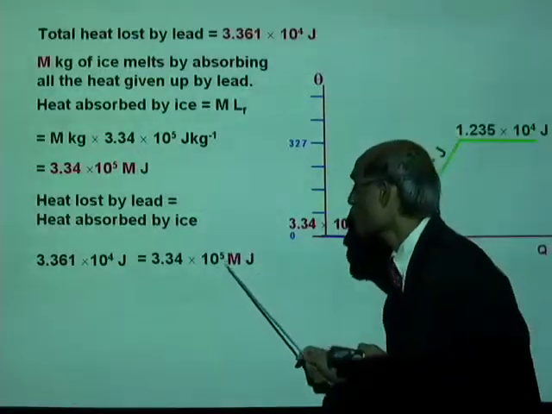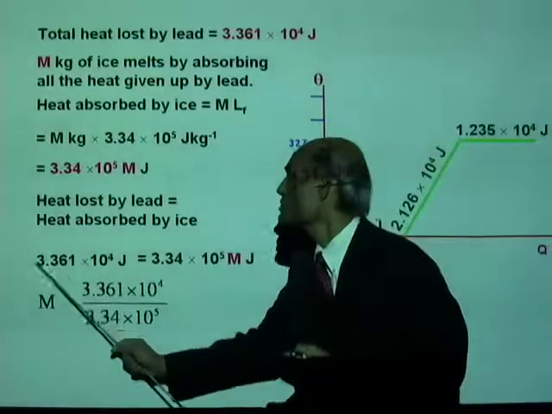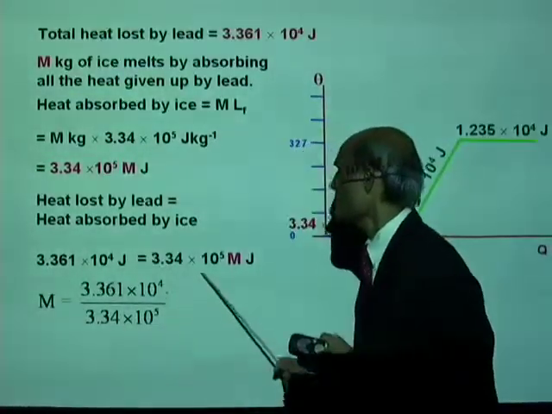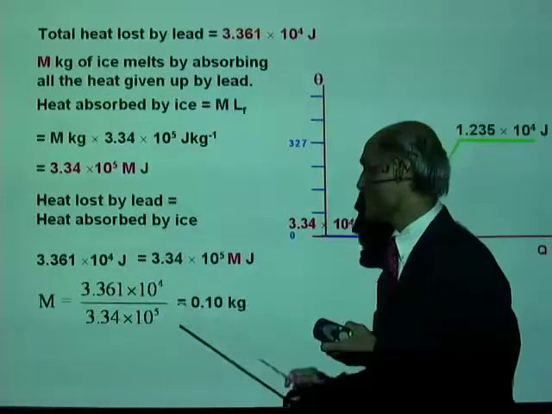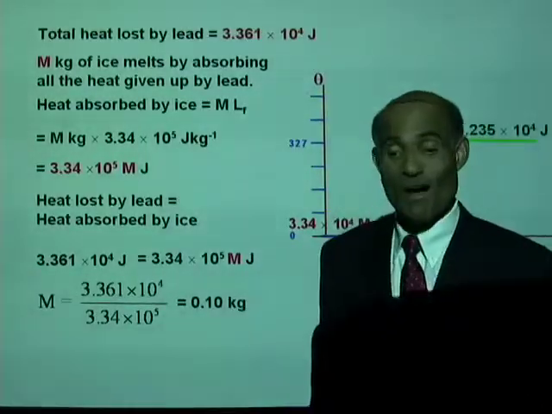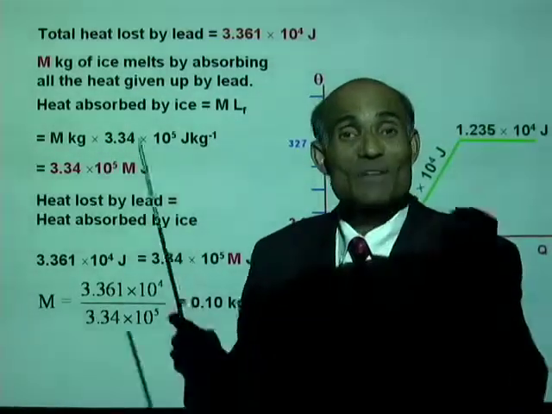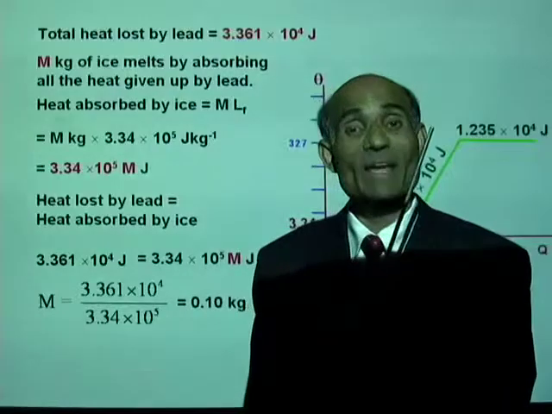Can you solve for m from here? m will be this number divided by this number, and that's equal to 0.1 kilogram. Only 100 gram of ice melts by using all that energy.